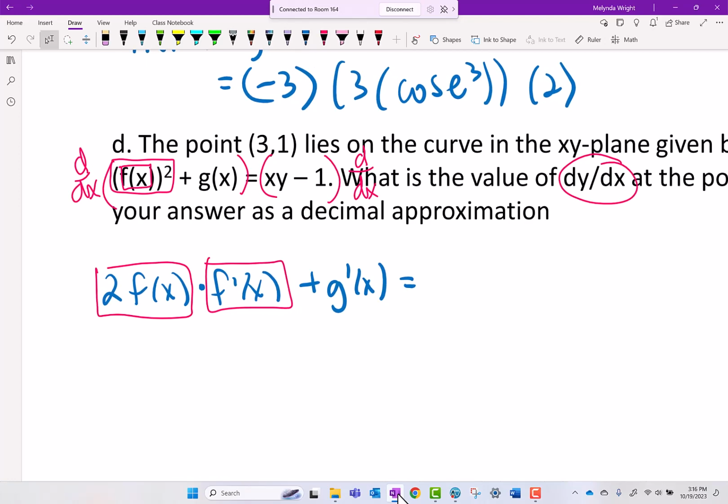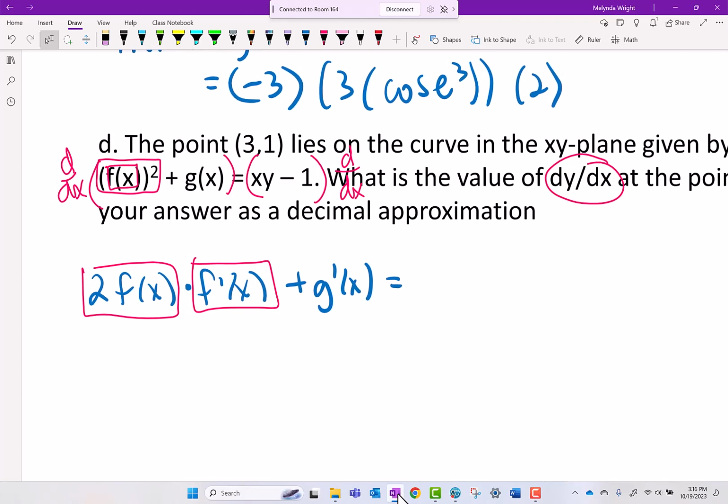Oh, look at our little innocent looking xy. Doesn't it look innocent? We know it's not, because it's product rule. I know, it's like, oh my goodness. That's why I have a product rule stamp, because of that little guy. xy just drives students crazy.